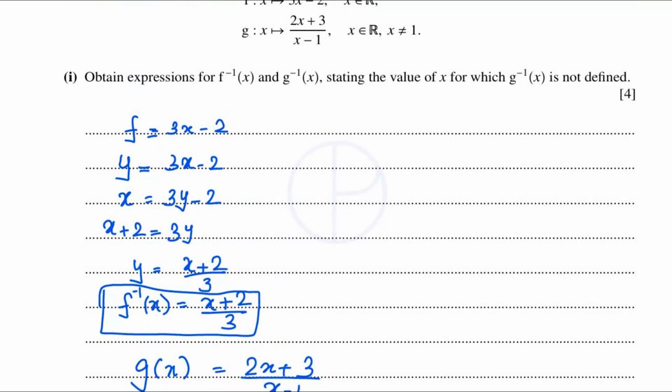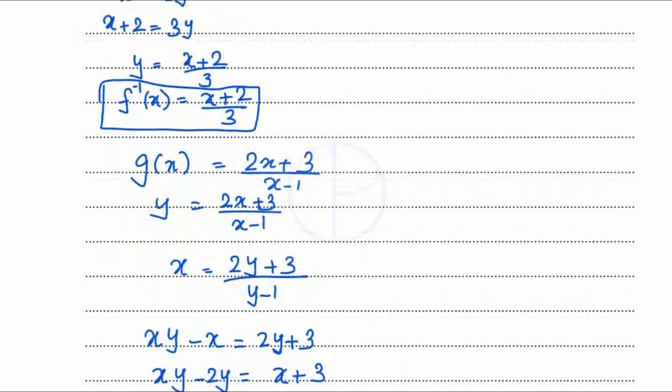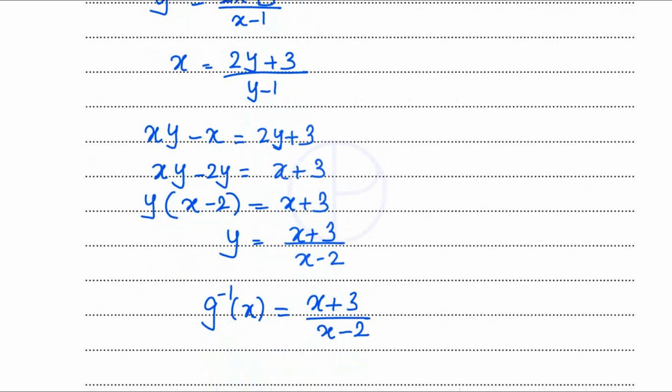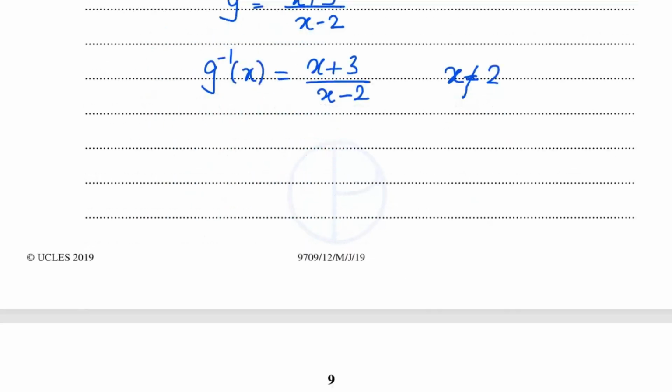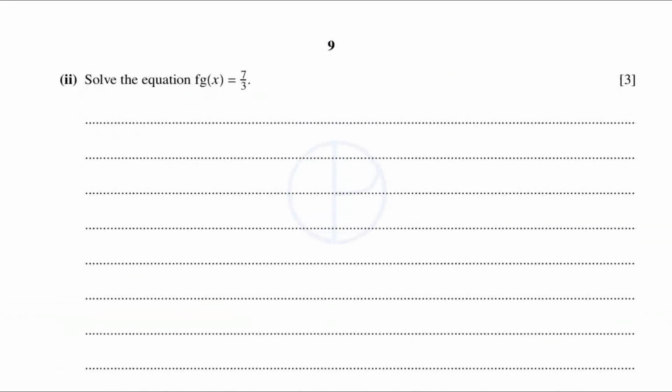It's given, stating the value of x for which g inverse of x is not defined. So g inverse of x is not defined when x is equal to 2. So x should not be equal to 2. The next part of the question is solve the equation fg of x equal to 7 over 3.